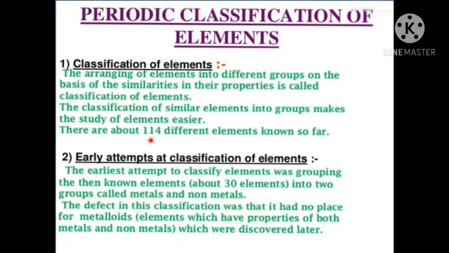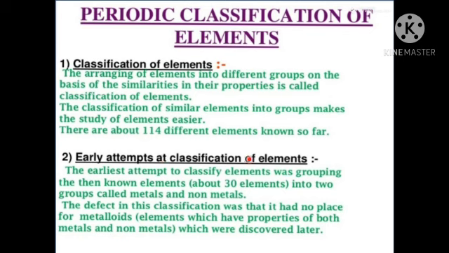This 114 is the old estimation, but now more than 118 elements are discovered, and this discovery is still going on. Maybe tomorrow or the day after you will find that it is not 118, it may be 120, 125. So this is the number that keeps on increasing.